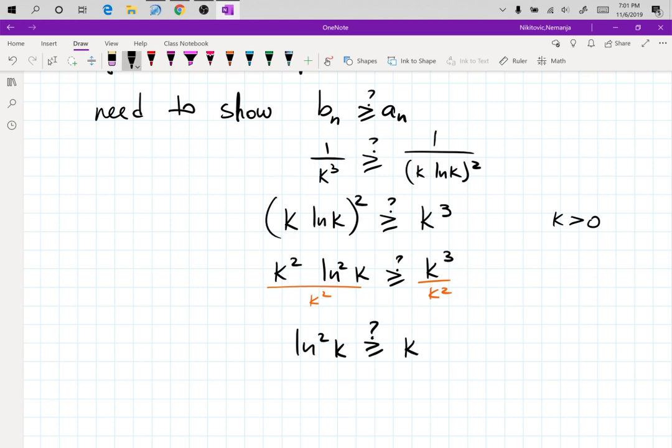What I'm going to do is check this using a graph, Desmos. There are other ways. I just want to quickly check. ln x squared and x.